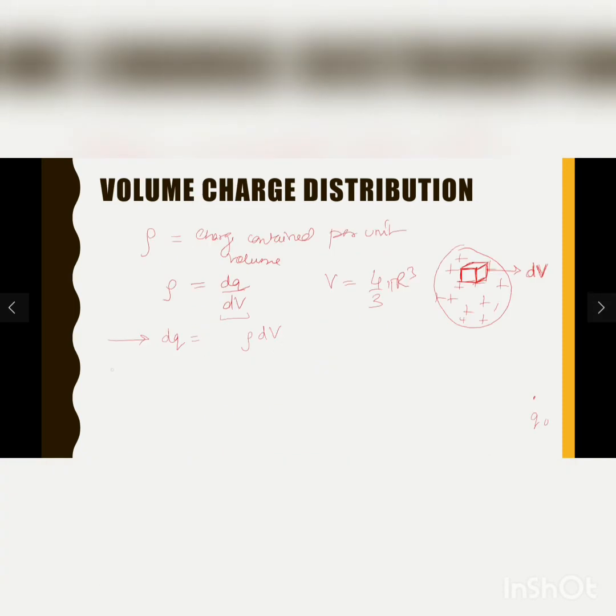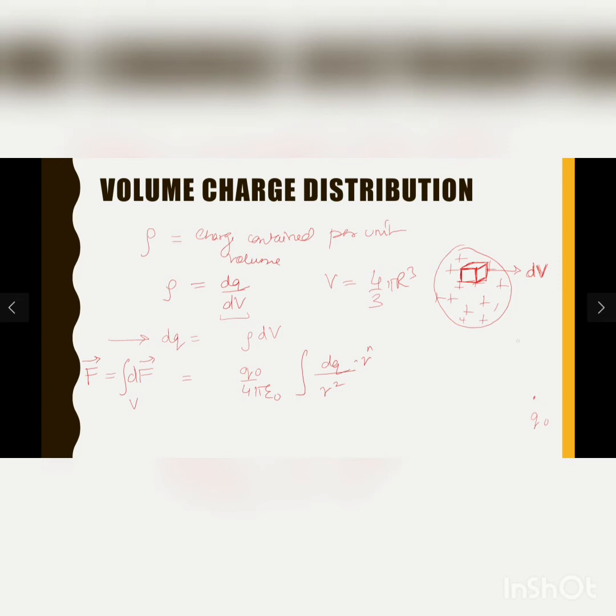If I integrate dF over the whole volume, I will get the net force acting on the test charge Q0 due to all the smaller components. So I get Q0 over 4 pi epsilon naught, integral of dq by r square into r hat. This was the expression we derived earlier in slide 1.